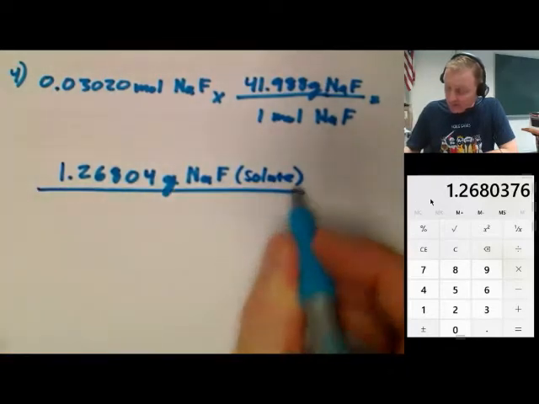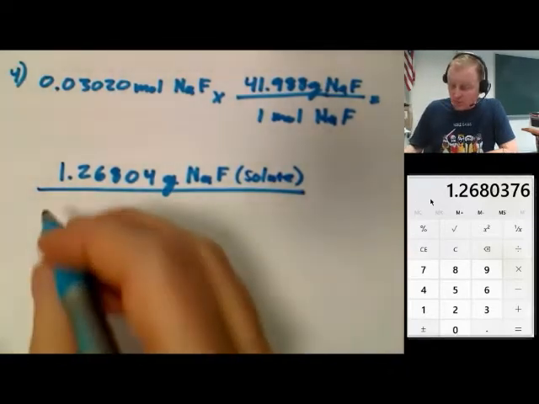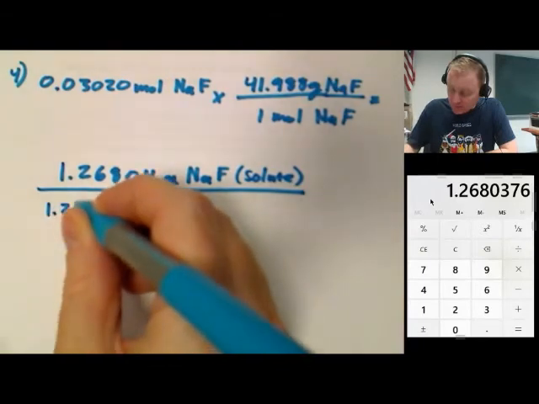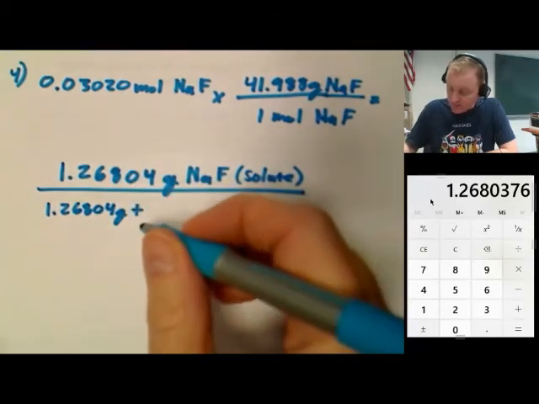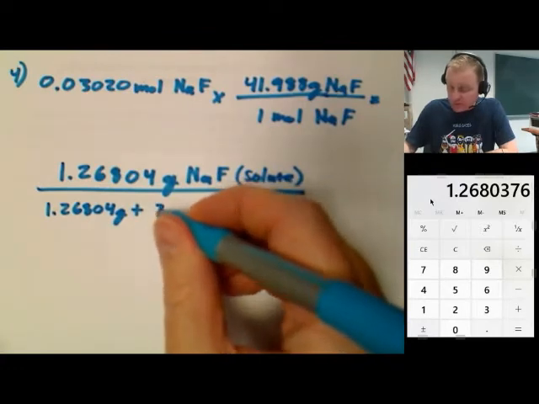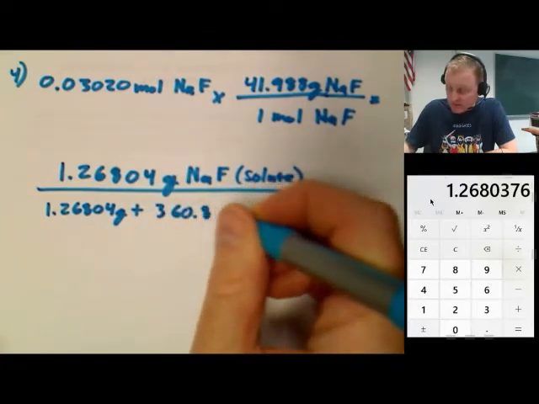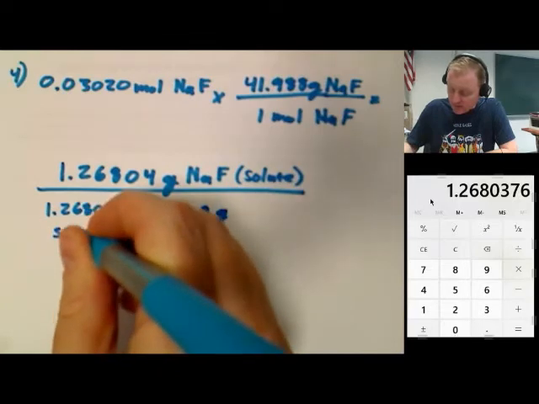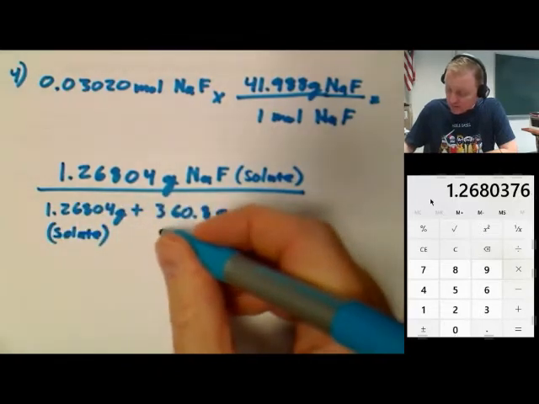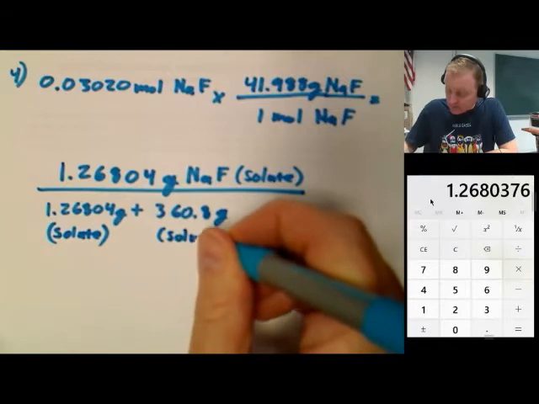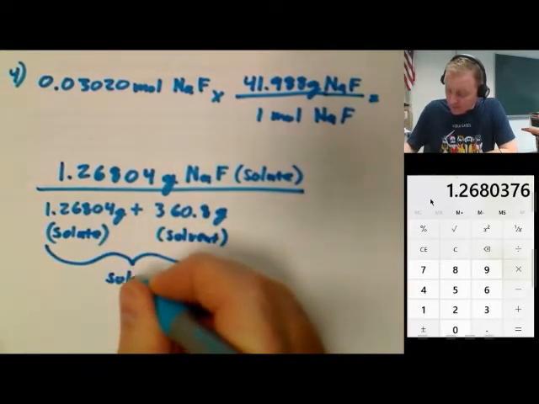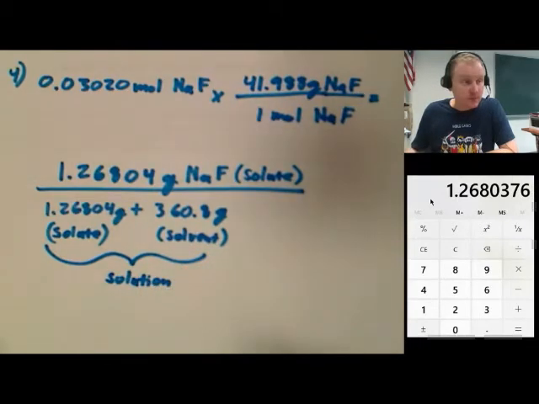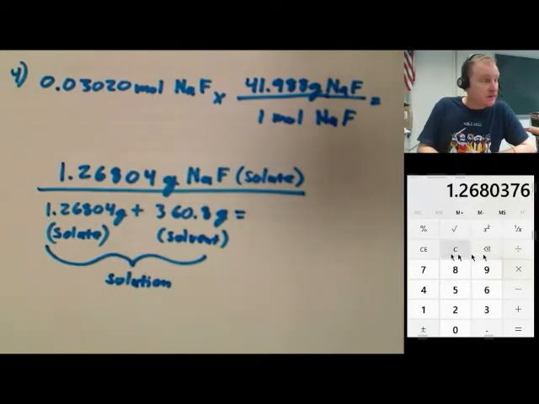I'm going to divide that by my solution, which would be 1.26804 grams plus 360.8 grams. This is my solute, and this is my solvent, and together they are my solution. So we're going to add these 2 together. Let's clear this because I think I put a times there.